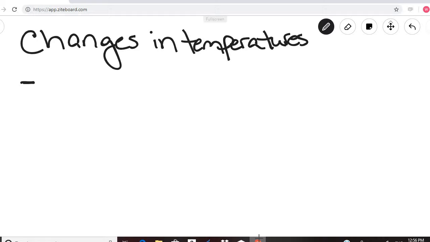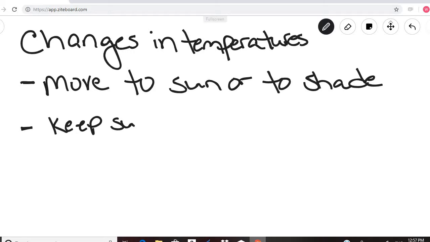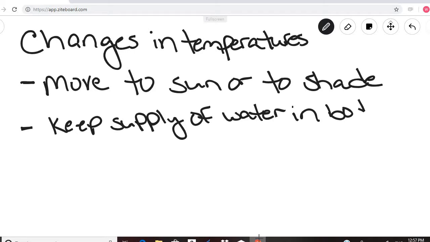They can move to the sun or to the shade to escape extremes in temperature. Some of them are able to keep an extra supply of water within their bodies, and that helps them deal with these drastic changes in temperature.